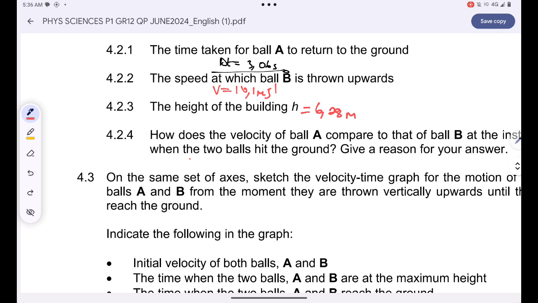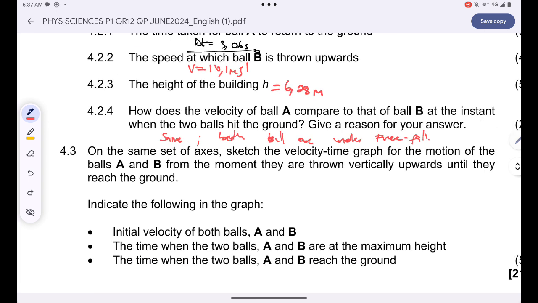The reason behind that is that both balls are under free fall. They have the same acceleration.